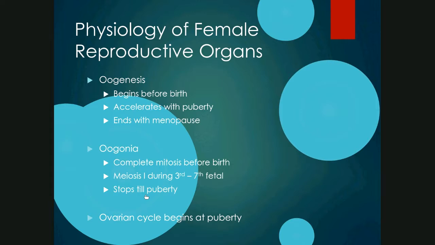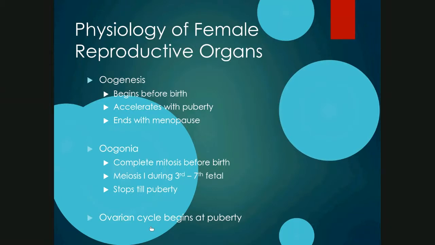At puberty, the ovarian cycle begins. The ovarian cycle is the process of taking a group of primordial follicles, converting them into primary follicles, and then choosing the best primary follicle to create the only secondary follicle that will be released at ovulation.